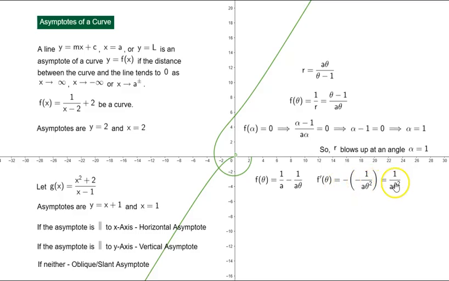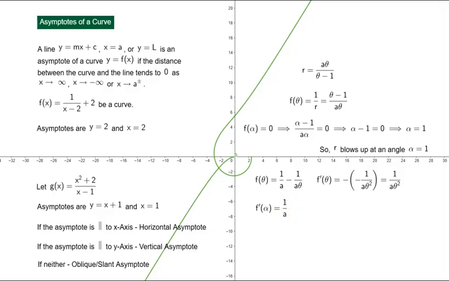So minus minus cancels out. We get 1 by a theta square as the slope of the tangent at angle theta. But we are interested in the slope of the tangent when theta equal to alpha, that is 1. So f prime of alpha equal to 1 by a.